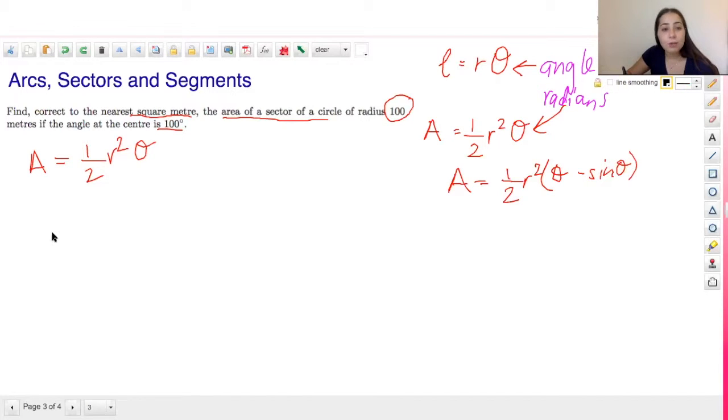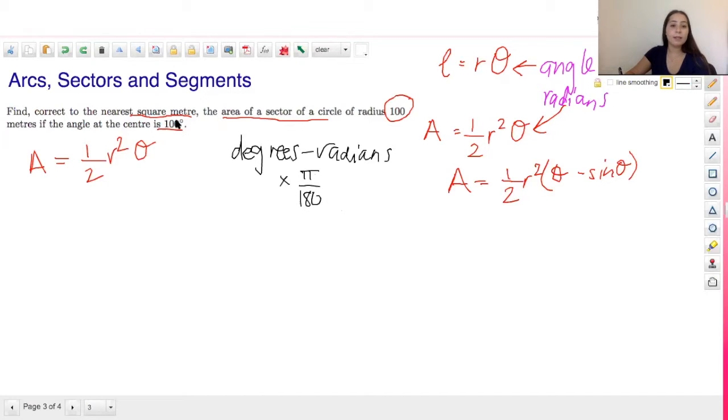To convert from degrees to radians, you must multiply by pi over 180.